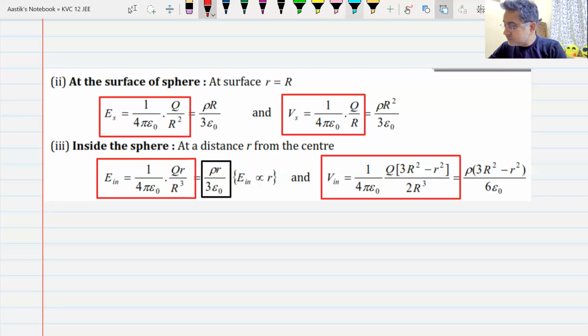This blue thing. It comes in a different chapter, not electrostatics. Where it comes? Any idea?